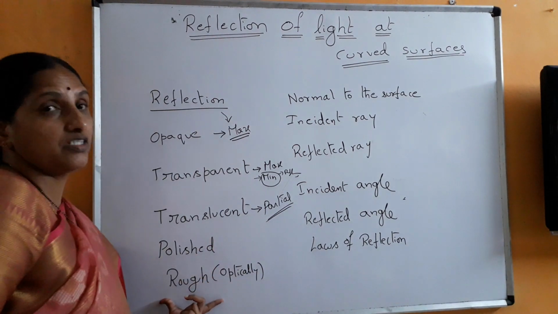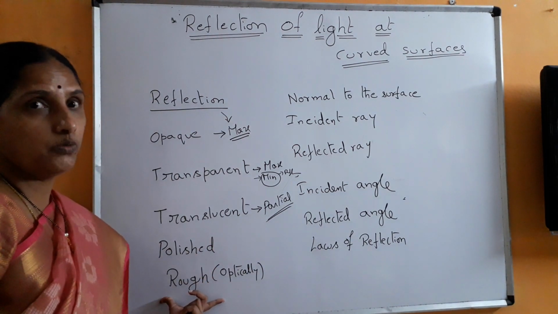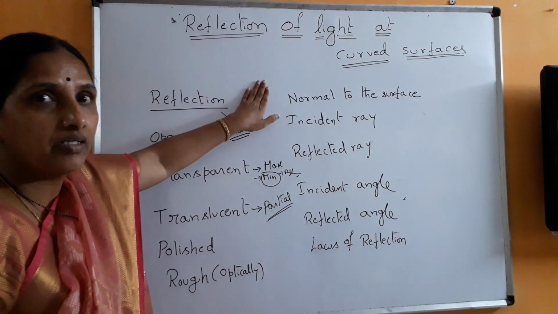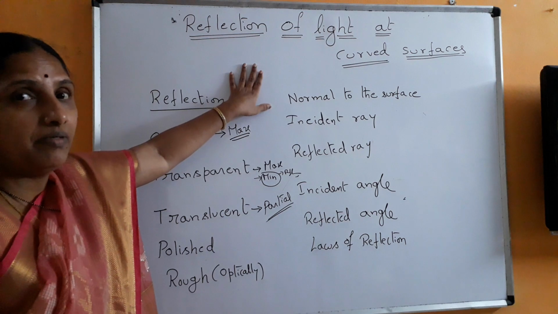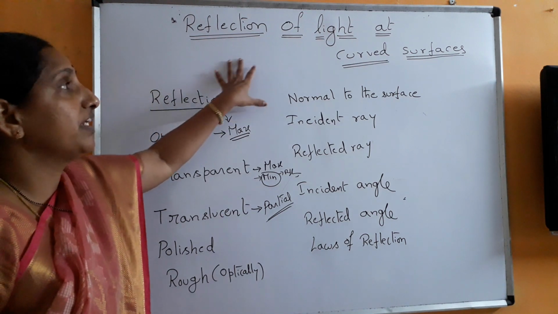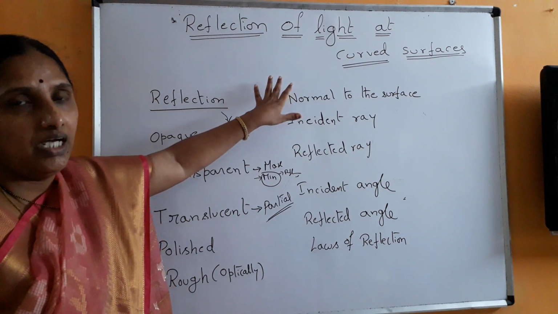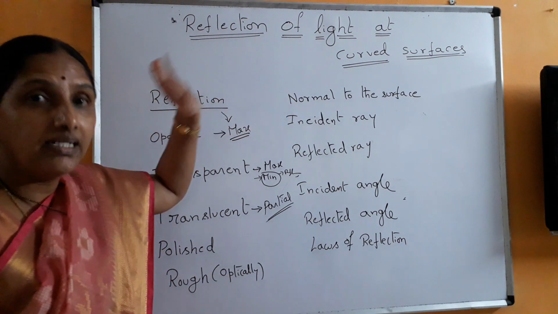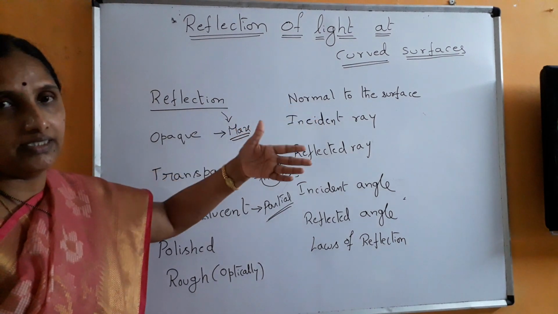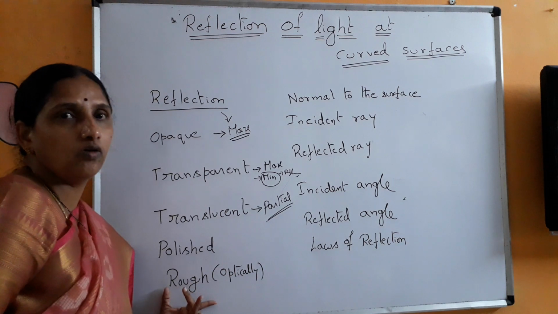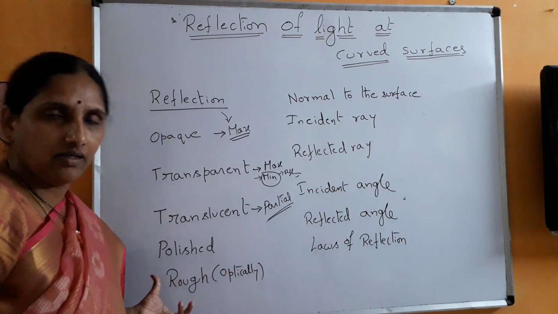And rough, which is optically rough, what we mean to say is, even the board appears to be very smooth for your naked eye, but when it is put under the microscope, you can see that the surface is very uneven. So the light which is falling on it will get scattered in different directions. That is the meaning of being optically rough.